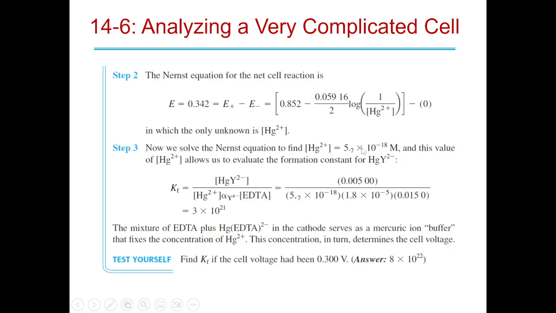Okay, so once we have the value of mercury 2 plus, we can put it into our Kf expression down here. All these other ones were ones we've already figured out, and this one from the table. We plug them all in, we do the math, we get 3 times 10 to the 21st. We go, yeah, that looks about like a Kf for EDTA binding to mercury. And we got our answer, didn't we?